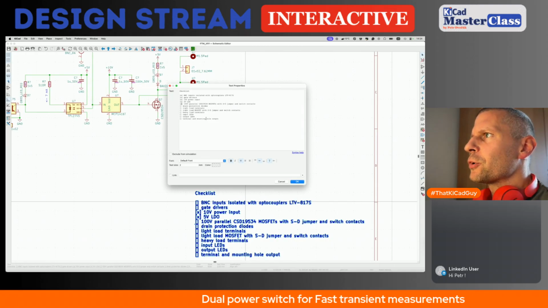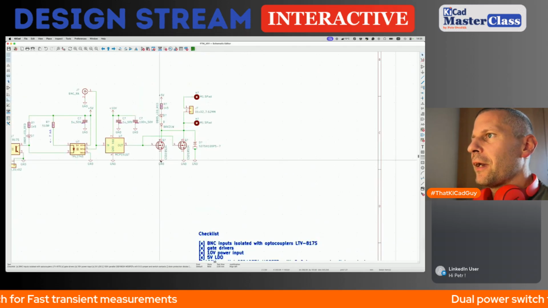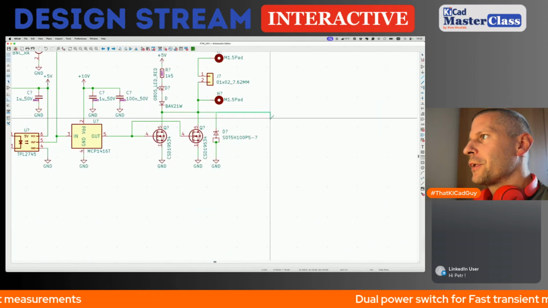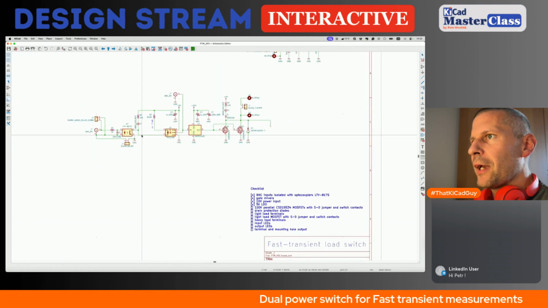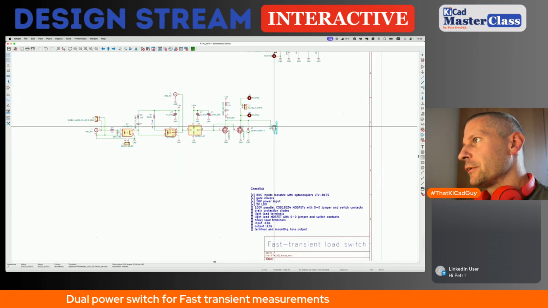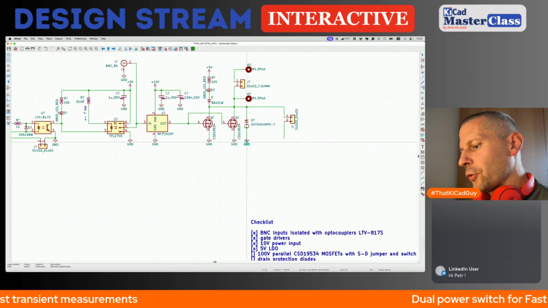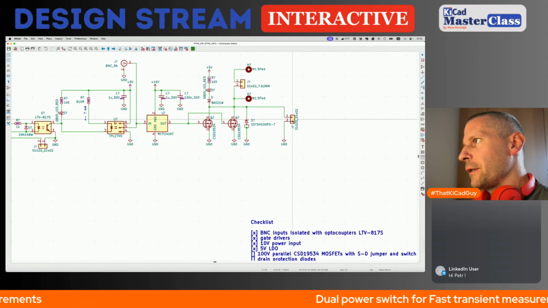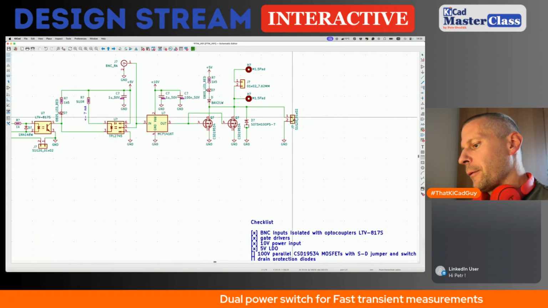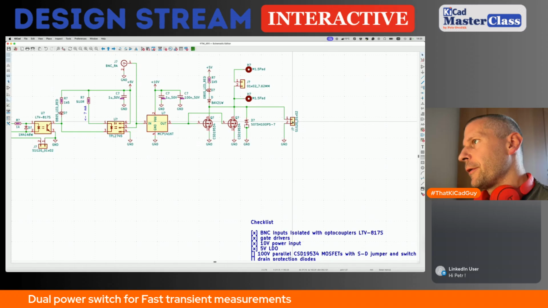Parallel CSD MOSFET with SD jumper, not yet. So let's get back to it. As I said, we want to be able to short circuit this section, and not only using a jumper, but using the switch.